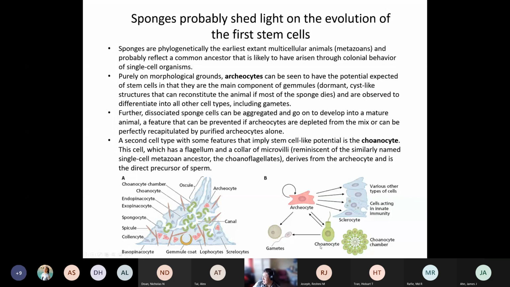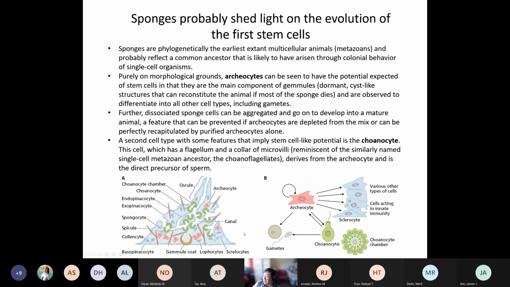It's known that choanocytes are derived from archeocytes, but in some situations they can dedifferentiate toward archeocytes. The choanocyte is the progenitor of sperm. The archeocyte is the progenitor of oocyte.